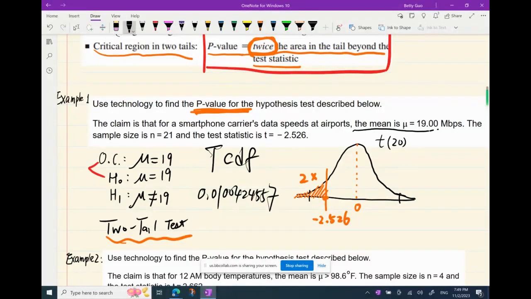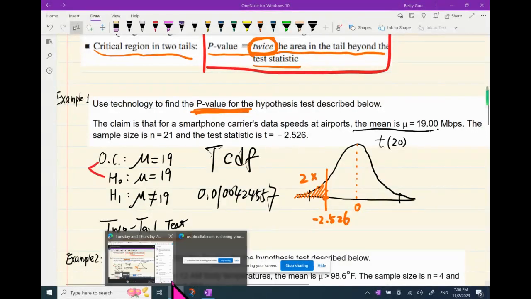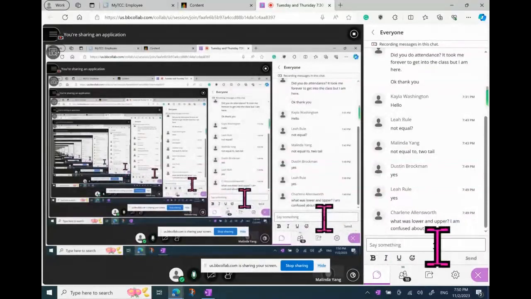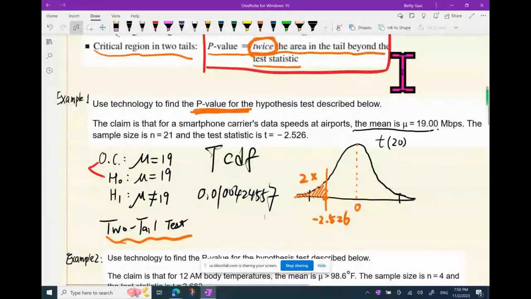Do you need me to repeat the process of applying TCDF? Not PDF, I apologize again. CDF, cumulative. What was lower and upper? Okay, let me repeat that. We go to TCDF.